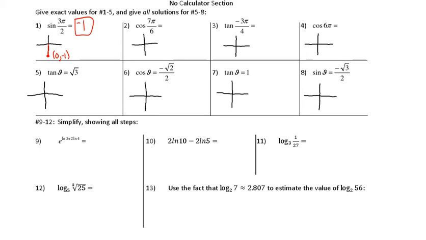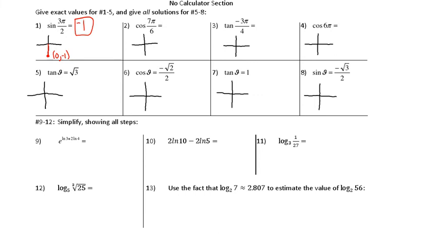I don't. Okay. Did you sketch it yet? What quadrant is 7 pi over 6 in? So it's going to be in the second quadrant. Well, the third quadrant, actually.